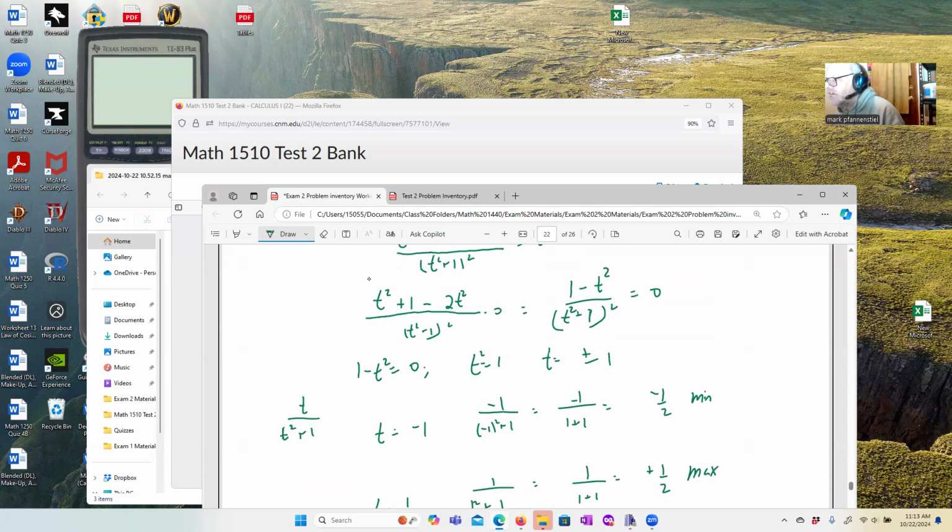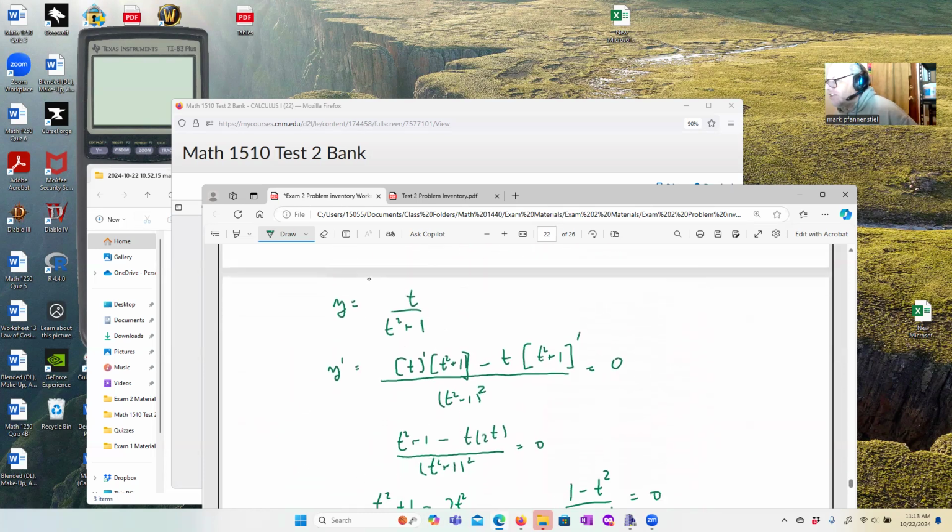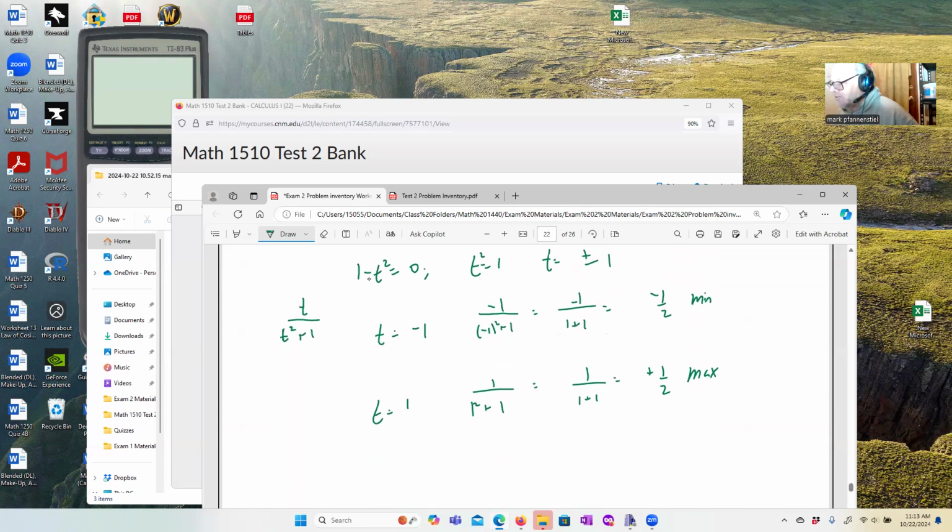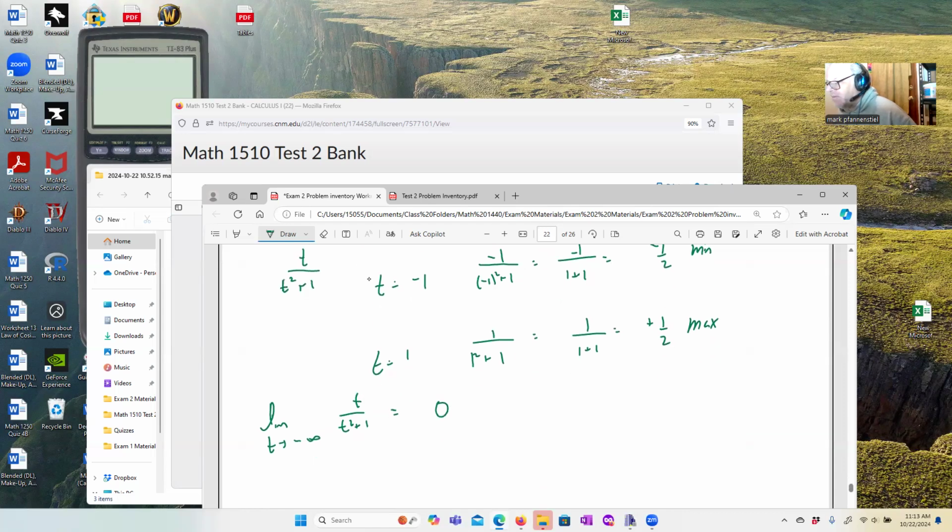Just to check what's going on as t goes off to negative infinity and positive infinity, you don't have to check this, but the limit as t goes to negative infinity of t over t squared plus 1, since the bottom is bigger than the top, is going to go to 0. When t goes to positive infinity, we're again going to end up with t over t squared plus 1, which is also going to go to 0.